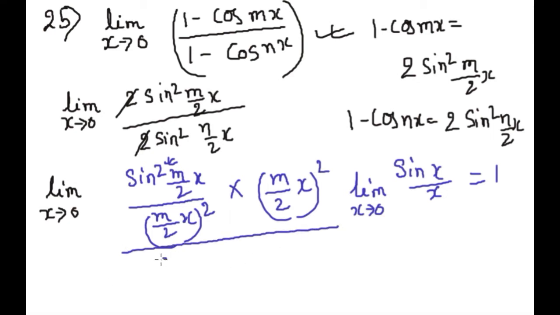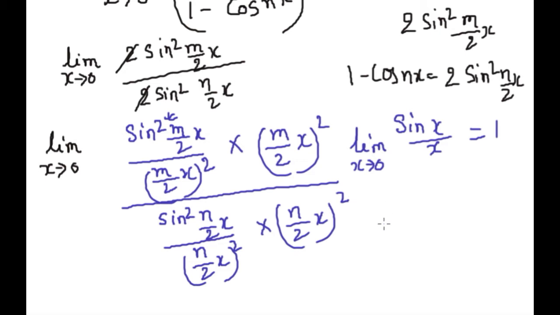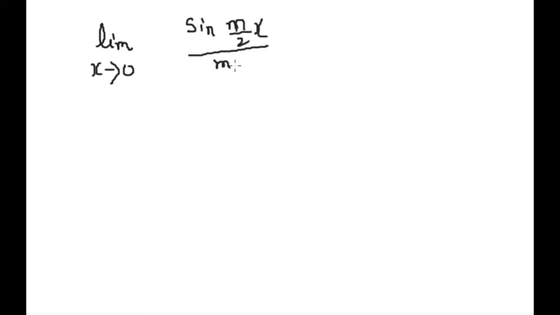By sine square n by 2x by n by 2x whole square. Now limit of x tends to 0, sine m by 2x by m by 2x whole square.